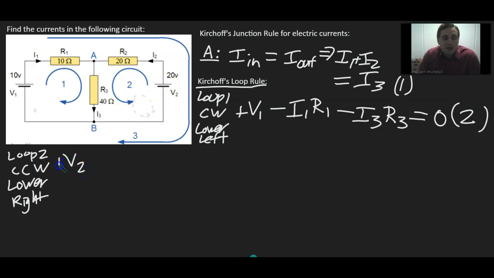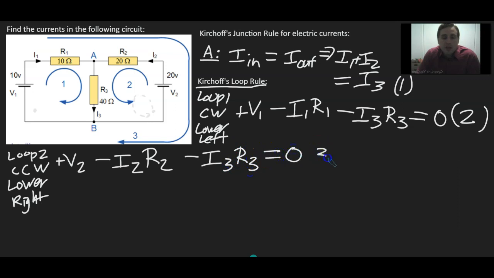It's a positive. And then we go, still with current 2, we go across this resistor. And we go the correct direction because we're going with the current. So it should be minus I2 R2. Notice I2 R2, we're using Ohm's law. Then the last part should be exactly the same because we go across branch 3. So it should be minus I3 R3 equals 0. So that's a third equation.